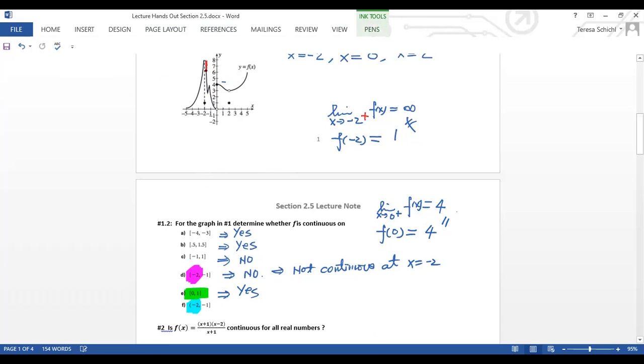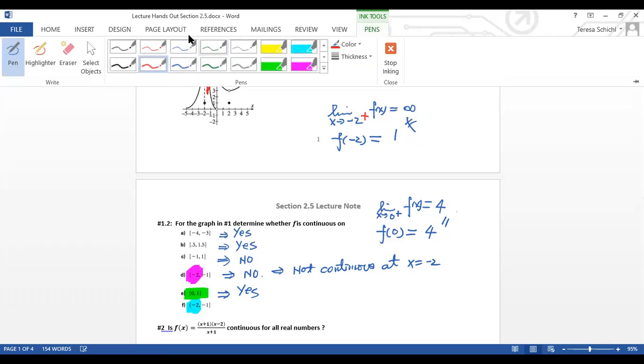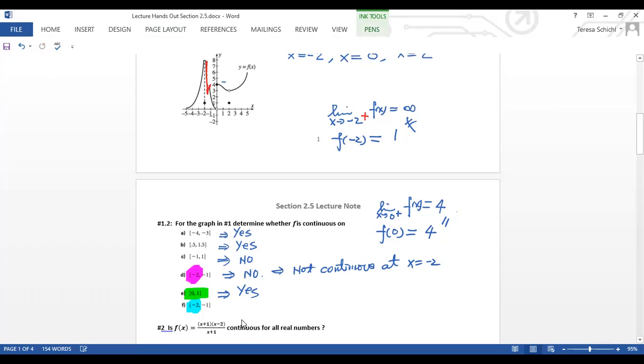That means it's in here, from this is the function, right? Because it's not including the -2, I don't need to worry about it being right continuous or left continuous. So is this continuous in the interval from -2 open parenthesis to -1? Yes, all right, because this is an open interval here, right?